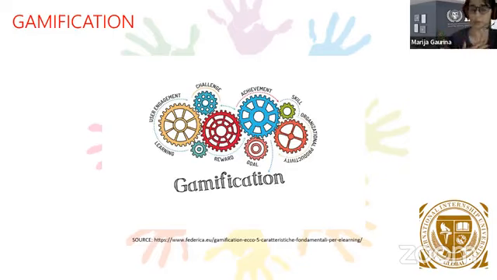From my point of view, I could call it a strategy that uses game mechanics such as points, badges, and leaderboards to motivate students and make learning more engaging. The idea behind gamification is that by making learning more fun and interactive, students will be more motivated to learn and more likely to retain the information they have learned.